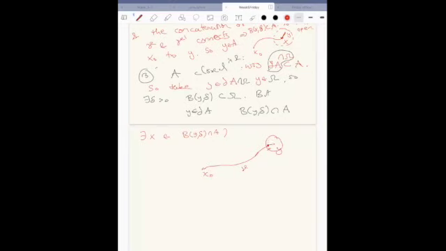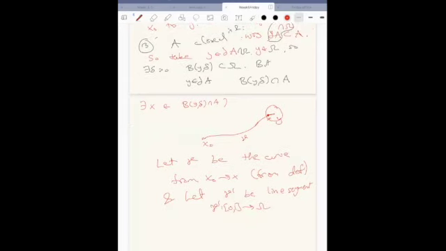So let gamma be the curve from x naught to x from the definition. And let gamma prime be the straight line segment, again given by this usual convex combination map. It maps into C, so it maps into omega, but gamma prime of t is equal to t times x plus 1 minus t times y.